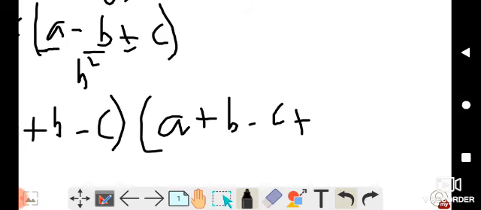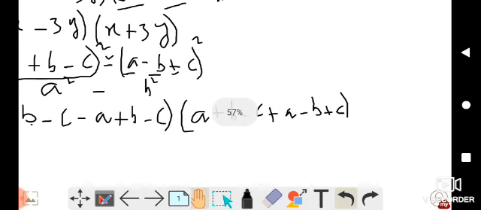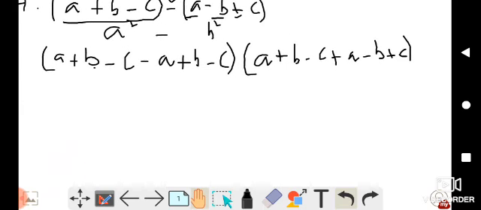We will not multiply sign. As we were multiplying sign for minus, now for plus we don't multiply. The same answer should be. So a minus b plus c. This is our bracket. See now. First bracket is a plus b minus c minus a plus b minus c. Second bracket is a plus b minus c plus a minus b plus c.